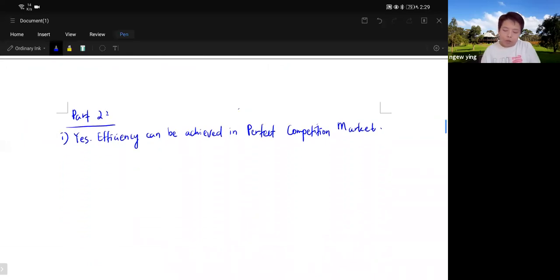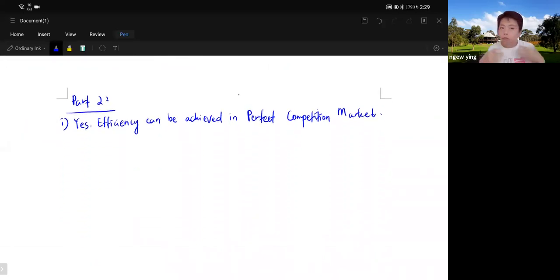Now, part two, as mentioned just now: can efficiency be achieved in any market structure or in any situation? Yes, efficiency can be achieved in a perfect competition market. So now guys, because previously we learned what is meant by a perfect competition market, the first thing you need to do is define what is meant by perfect competition.